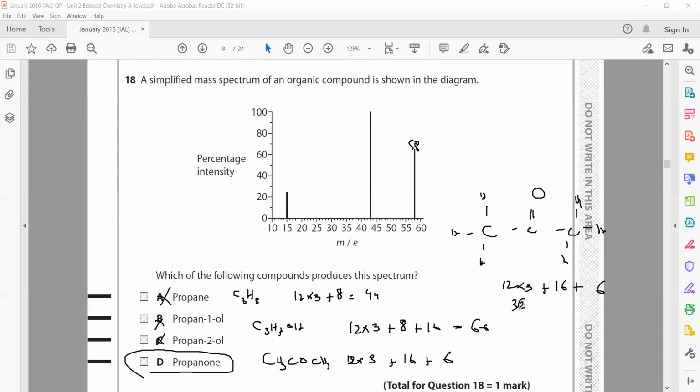So 36 plus 16 is 52, and plus 6, that's 58. This will be D, the right answer, propanone.